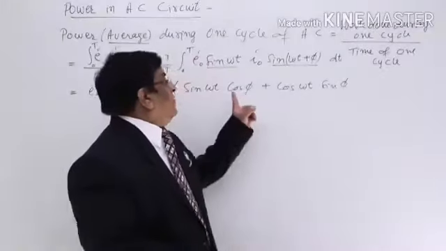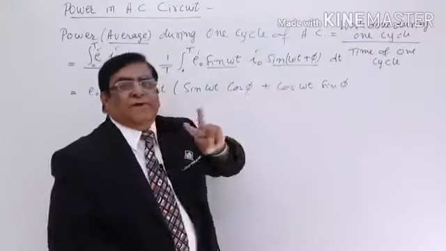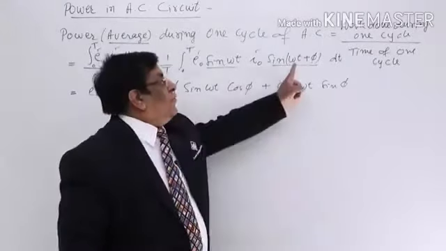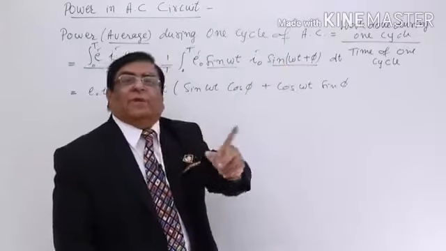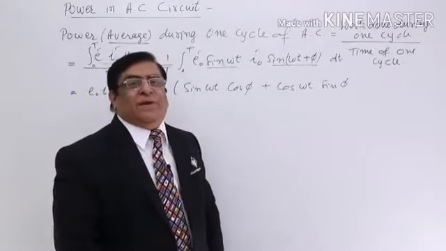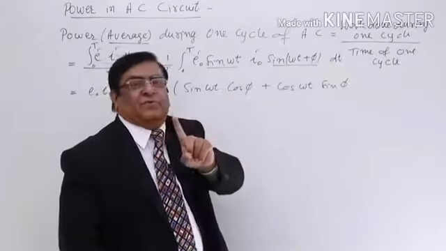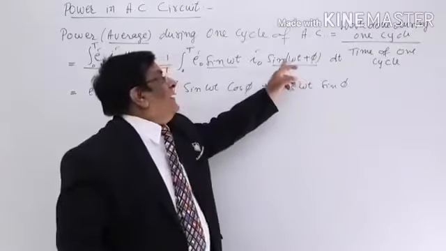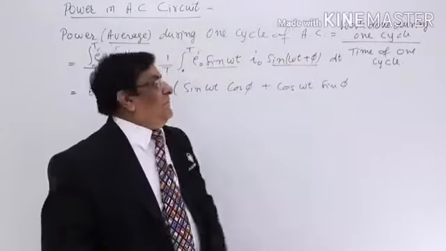So when we open this, one thing to remember: what is phi? Phi is the phase difference. Omega t is the phase at any time. Out of these two, one is variable, one is constant. What is variable? The one which is multiplied with t, because when t changes from 1, 2, 3, 4, 5 seconds, omega t will keep on changing. Phi is a constant phase difference.